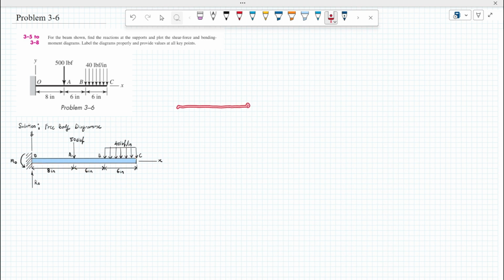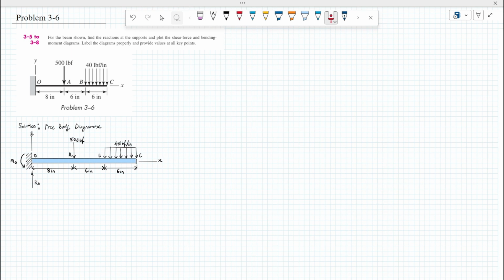This is the beam if we don't bend it, and this is when we bend it, where we apply load here, kind of like a flexible ruler. When you apply the forces here, you need to have a reaction moment.